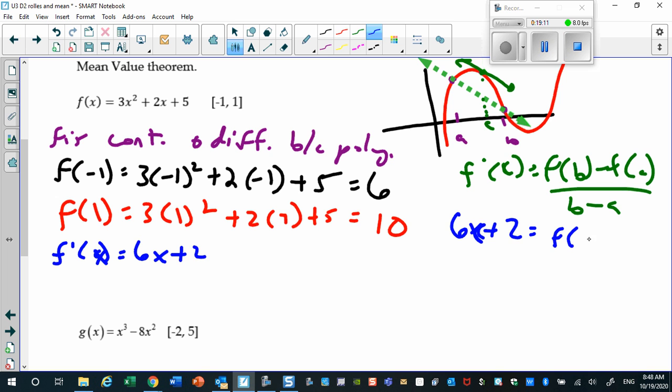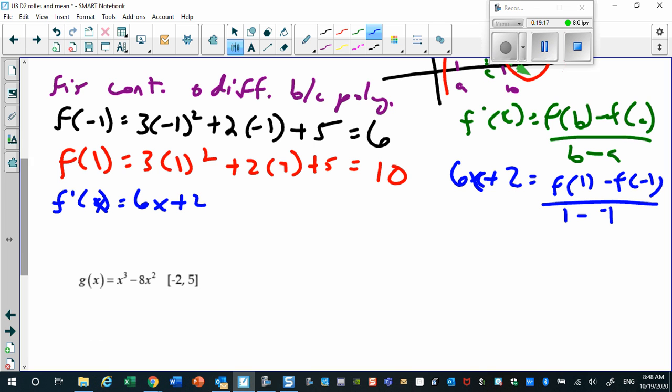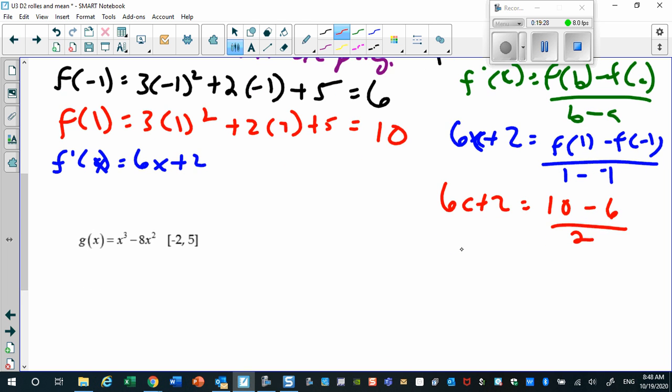This is going to be f of 1 minus f of -1 over 1 minus -1. So 6c plus 2 equals f of 1, which was 10, minus 6 over 2. 10 minus 6 is 4. 4 over 2 is 2. So 6c equals 0, or c equals 0.